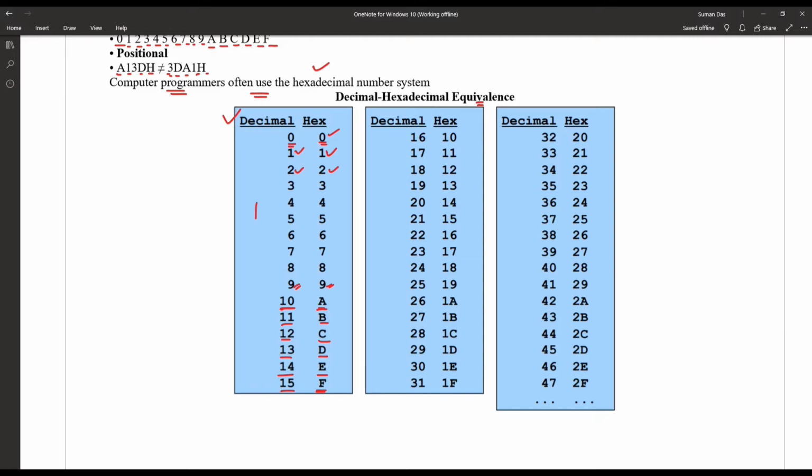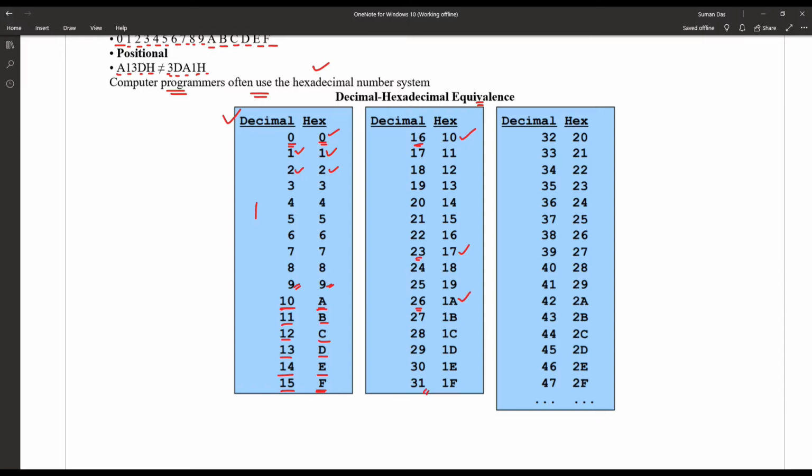So in that way, when we have 16 in the decimal number system, its equivalent hexadecimal is 10. Same for 23 in decimal, the equivalent hexadecimal is 17. When we have 26 in decimal, its hexadecimal equivalent is 1A.